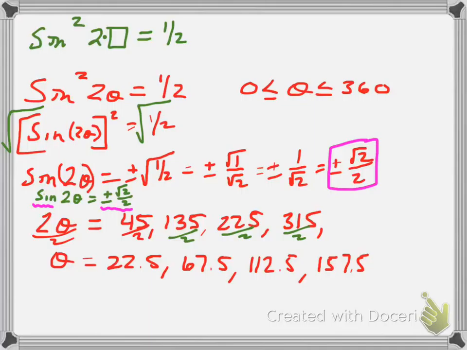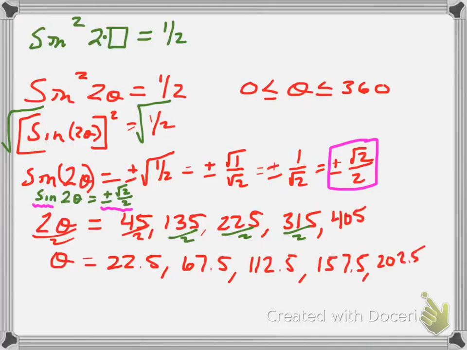So the general rule is, if you have a coefficient in front of the theta, like we have here, 2 theta, when you are writing these angles, you need to go that many times around the circle. We only went once around the circle when we wrote those answers. But you want to go that many times around the circle.